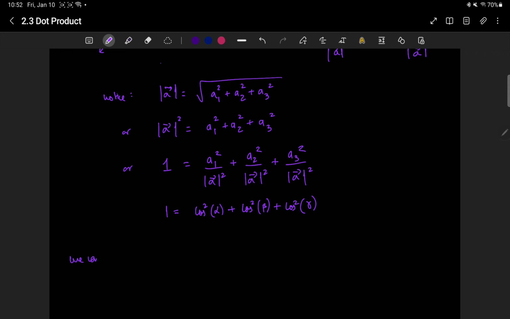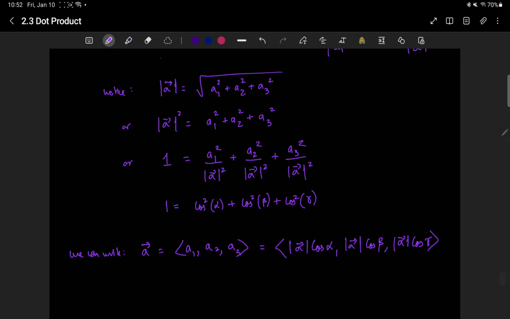We can also write the vector A is simply its components A1, A2, A3. But A1, A2, A3 we have seen is actually magnitude of A cosine alpha, magnitude of A cosine beta, and magnitude of A cosine gamma.